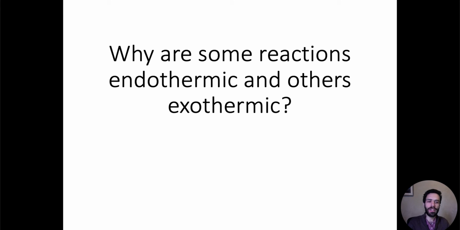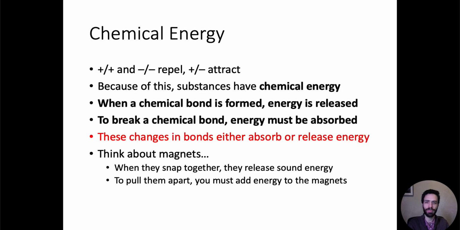Now that we know what endothermic and exothermic reactions are, let's look at why they happen. Why are some reactions endothermic and other reactions exothermic? This all has to do with chemical energy. We've learned already that positive and negative charges attract, and like charges repel. Because of that attraction and repulsion, substances have chemical energy.